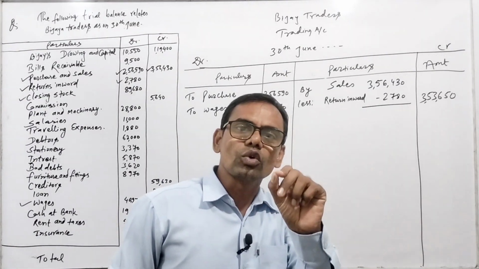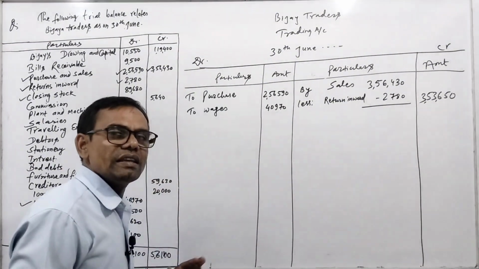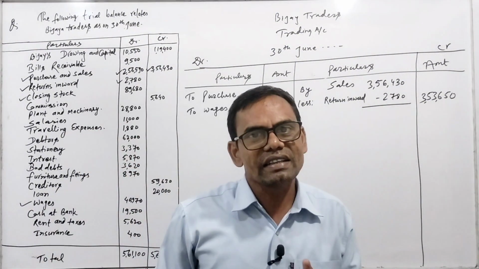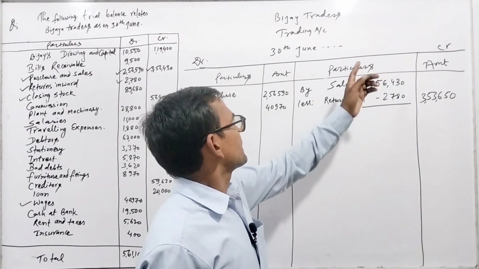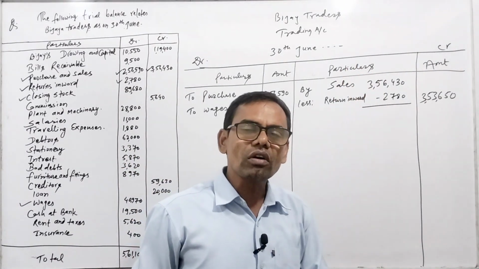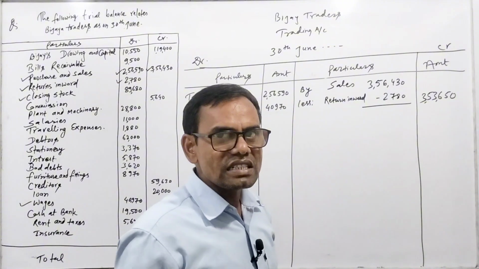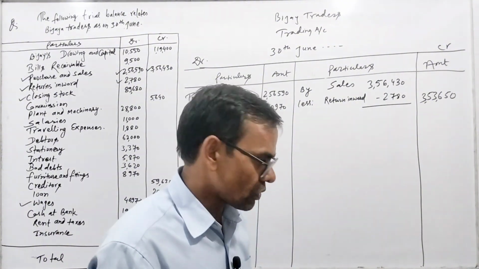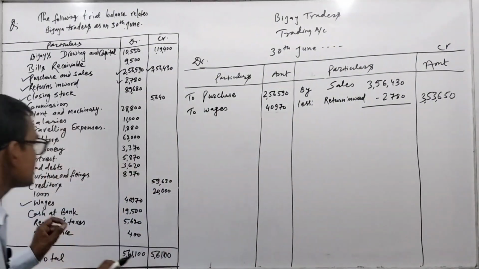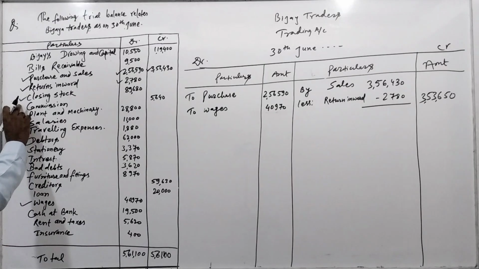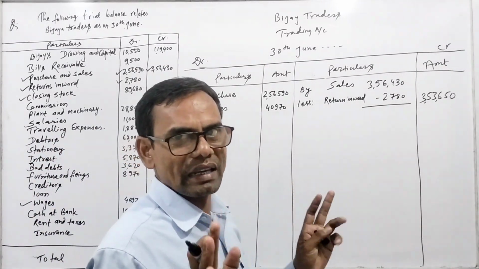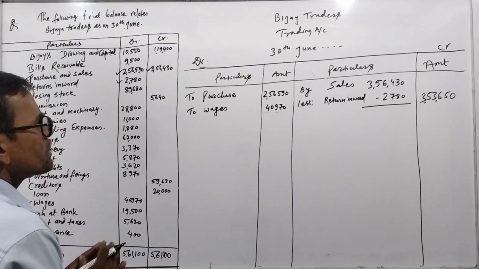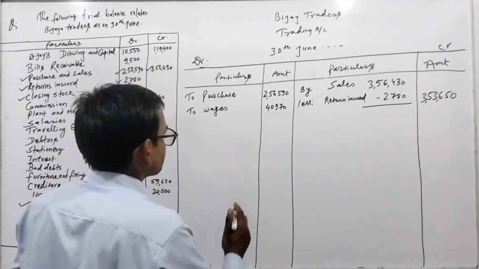But if the closing stock is given in adjustment, in additional information, then it should be placed in credit side of trading account also, and in asset side of balance sheet also. Because it is given in trial balance, it will be only recorded in balance sheet. So there is no any other points here.